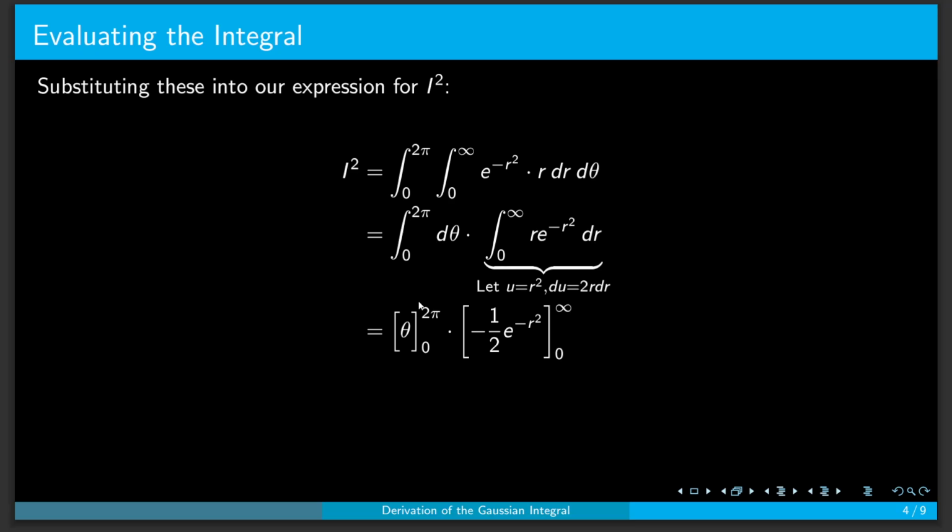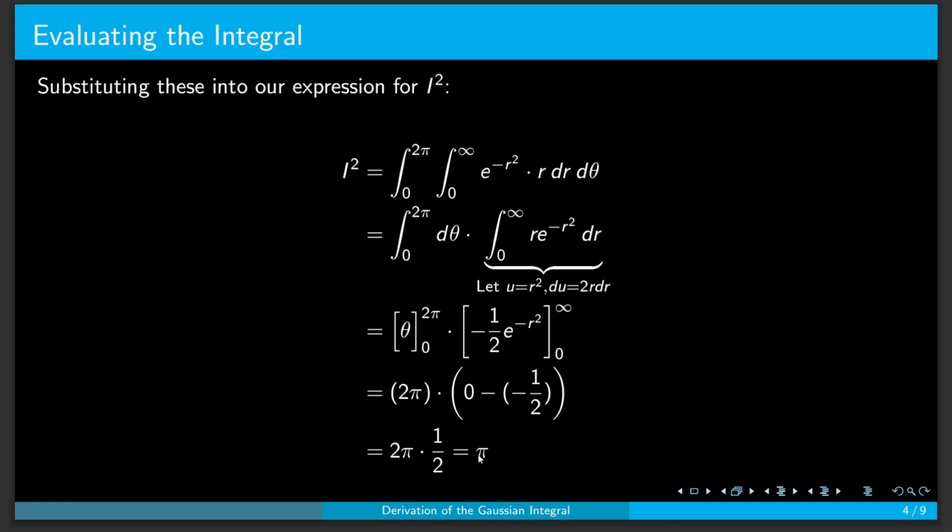For this term, we have theta from 0 to 2 pi, and after replacing this term, we get minus 1 upon 2 e raised to power minus r squared, with integration limits from 0 to infinity. Now, the infinity term gives us 0, and from the 0 limit, we will get this half term. After simplifying, we get pi.